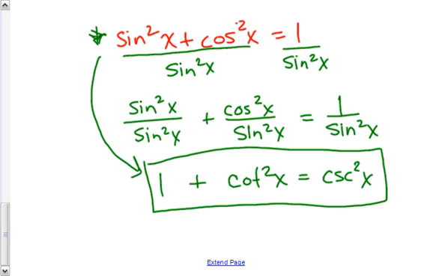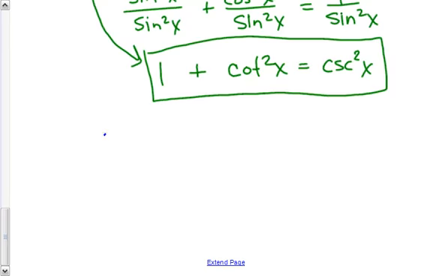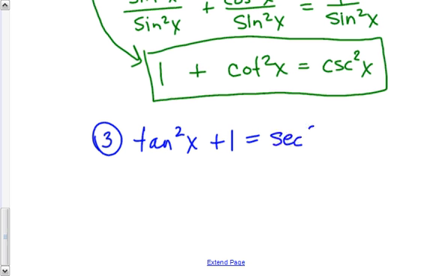And the third Pythagorean identity is tangent squared of x plus 1 equals secant squared of x. And this one's going to work pretty much the same way.